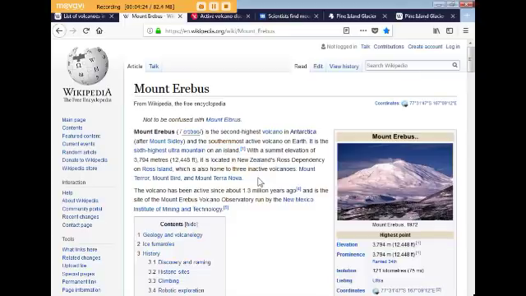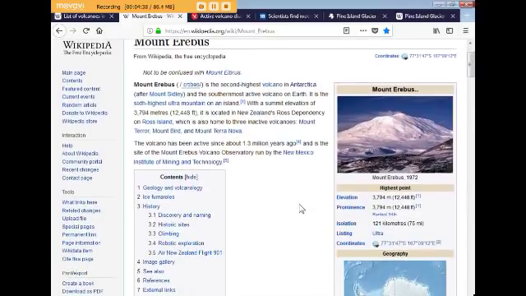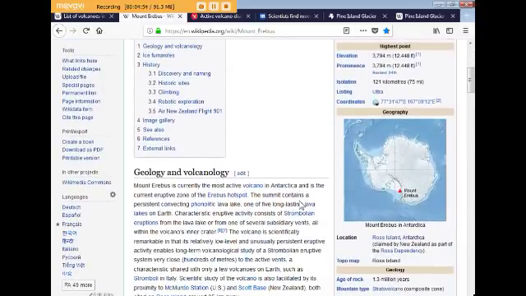It is located in New Zealand's Ross Dependency on Ross Island, which is also home to three inactive volcanoes, Mount Terror, Mount Bird, and Mount Terra Nova. The volcano has been active since about 1.3 million years ago and is the site of the Mount Erebus Volcano Observatory, run by the New Mexico Institute of Mining and Technology.